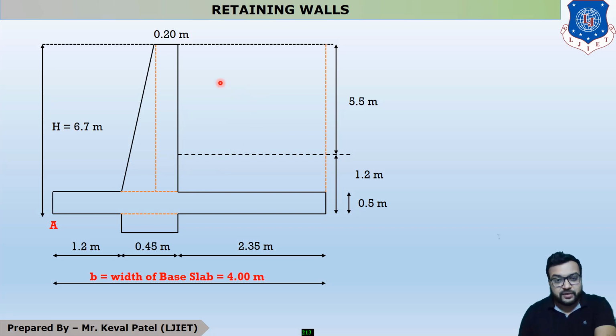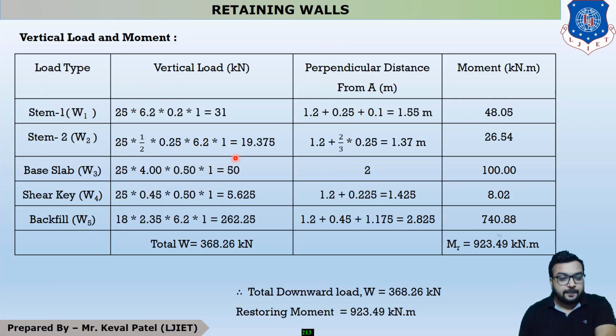The last one is backfill. Backfill is provided over this portion. What is the area? Area is 2.35 into 6.2. Now, which material is provided? The material is soil, and the density of soil is 18. So our force is 18 into 2.35 into 6.2 into 1, and we get the answer 262.25.